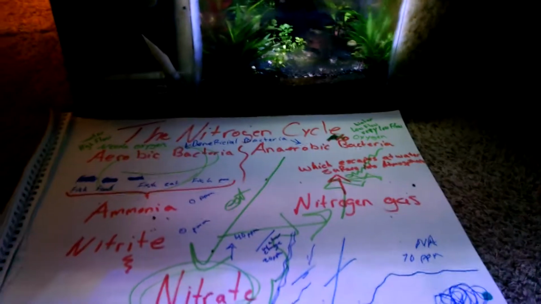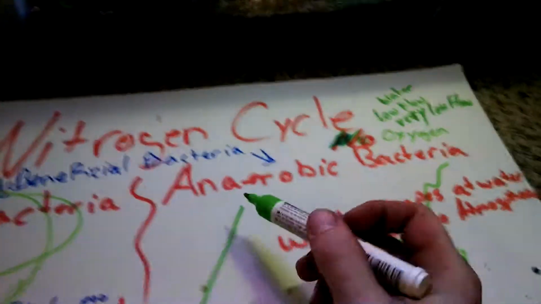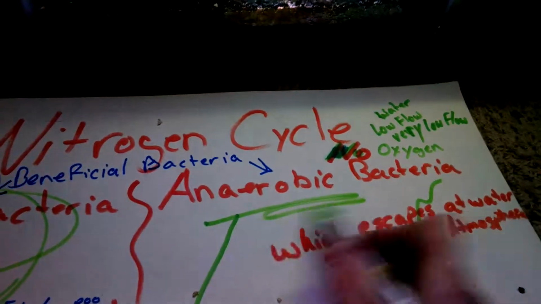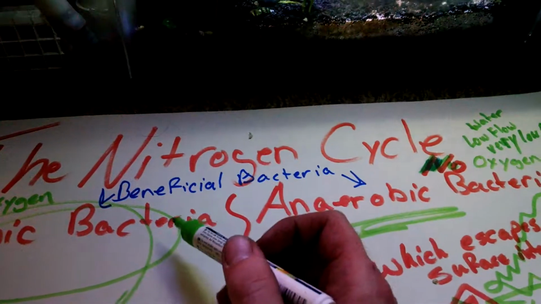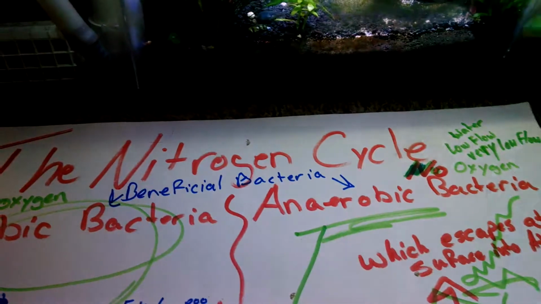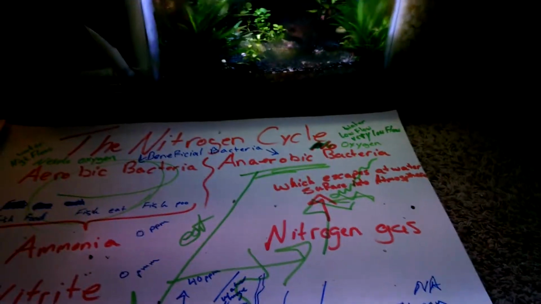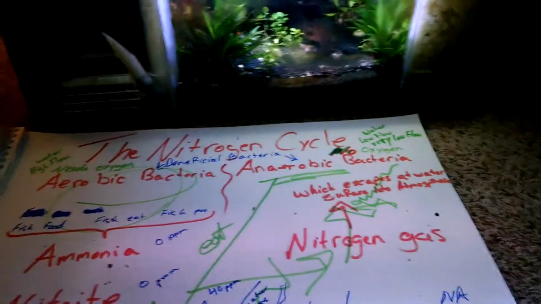So this is going to be part 2 of the video, where we're going to talk about filtration, on how to actually promote, in my opinion, anaerobic bacteria to grow and help you beneficially. So it eats the nitrates, turns it into nitrogen gas, and releases it into the surface, so everybody's happy.